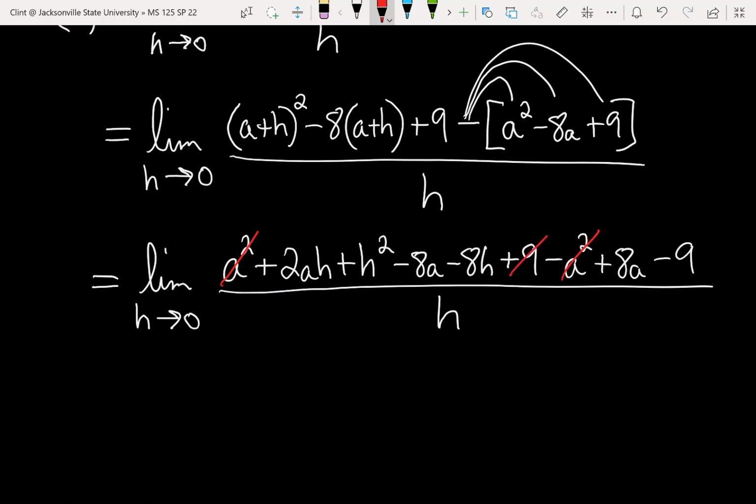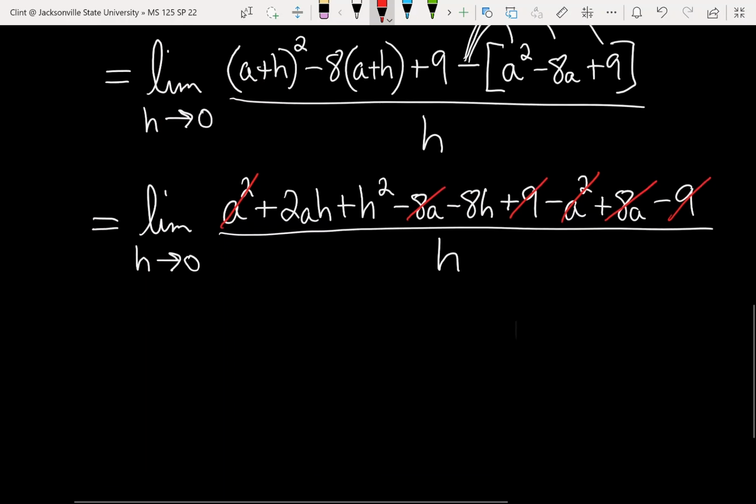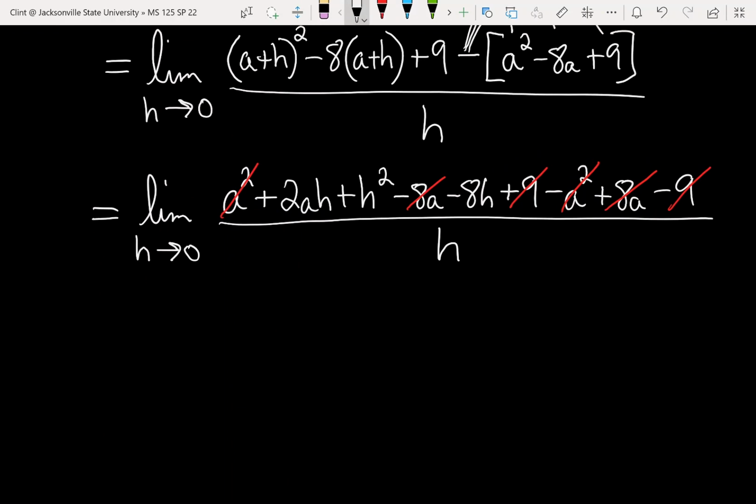Plus 9 minus 9. We've got one more term: minus 8a plus 8a. Hey, so we get rid of a lot of that. It cancels out, so the limit we're trying to find gets easier. Thank goodness.